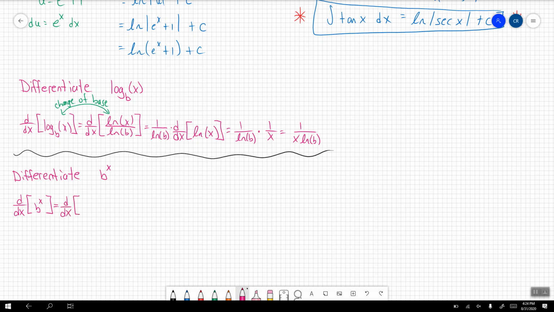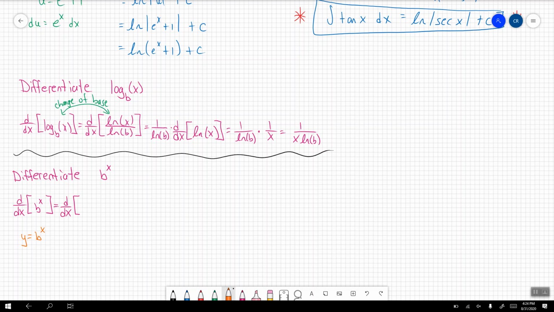Now that one might be a little bit tricky, so let's start breaking it down step by step. Okay, so what I want to do first in this particular case is use this piece of information: y is equal to b to the power of x.